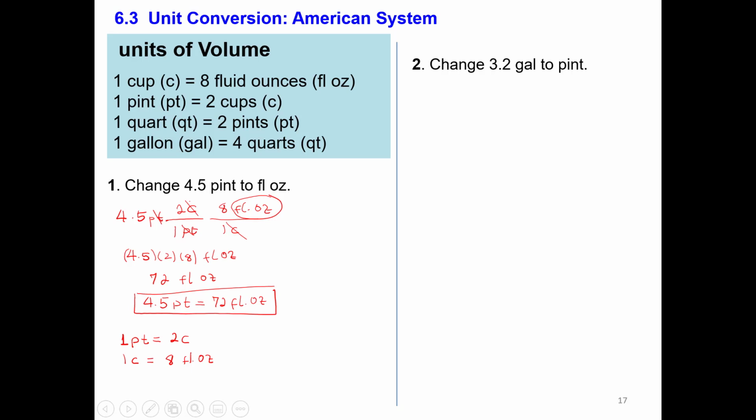Let's write here the conversion factors we are going to use in this case. We will use 1 gallon equals 4 quarts, and the other one is 1 quart equals 2 pints.